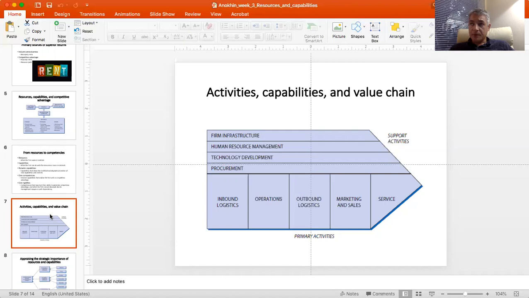And the interesting thing is I want to emphasize here technology development. We all tend to think about innovation and research and development as being such a key component of what firms do. Well, for most companies, this technology development is not a primary activity, right?